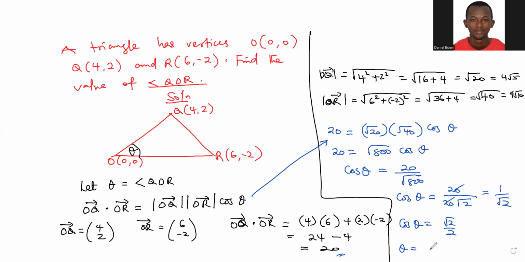So theta, which is the angle between the two vectors, will be the cos inverse of root 2 over 2, which is 45 degrees. So therefore, the angle between the two vectors is 45 degrees.